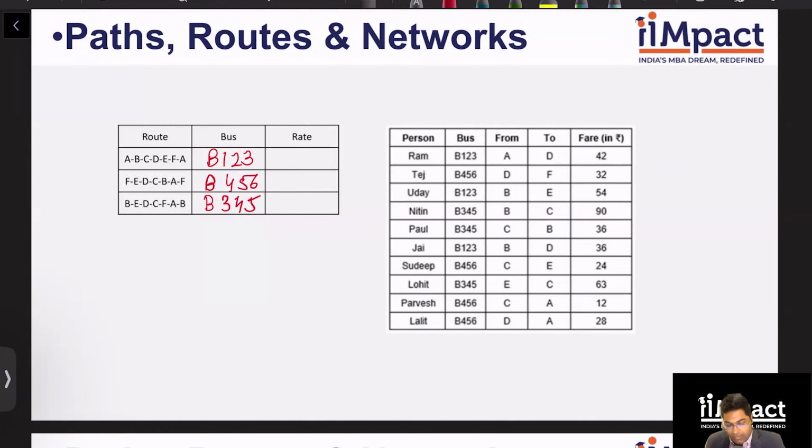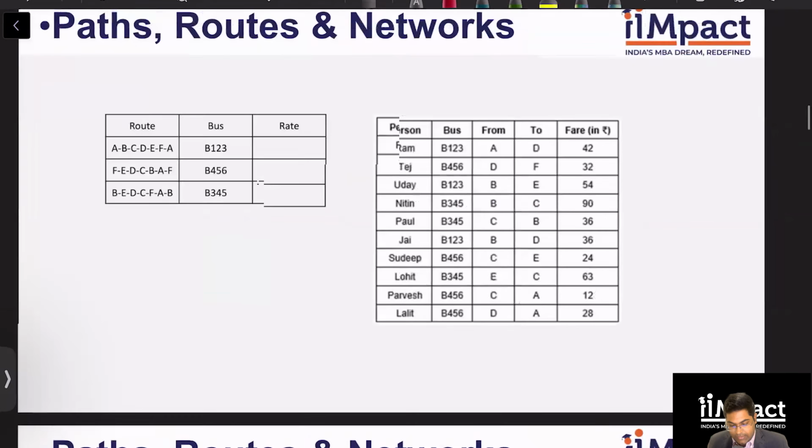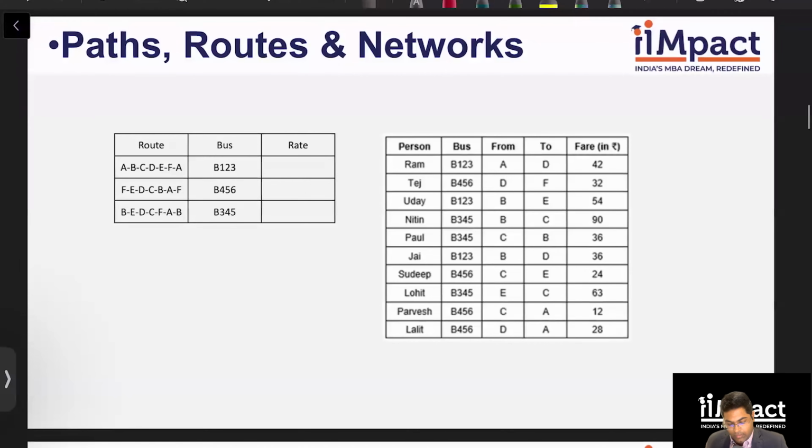Alright, let's see. Now guys, what is the most logical way to go about rates? LCM, right? Because if I know multiple people have traveled on the same bus and have had different fares, the only constant there, because the fare was a product of distance and the per kilometer fare, is the rate.